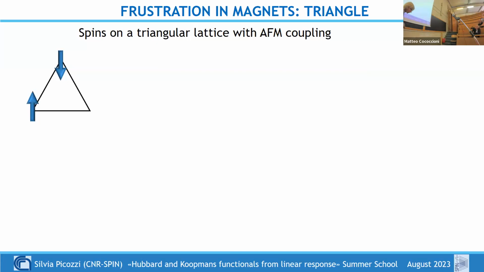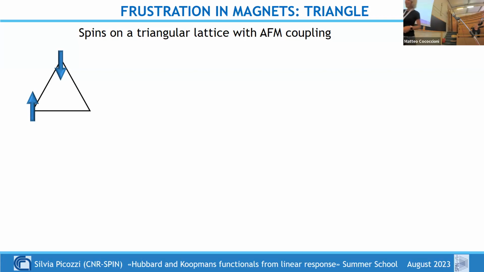A couple of concepts that I need to show you the results. The first thing is frustration. What is a frustrated person? A person that cannot satisfy all his or her needs. So a frustrated material is also a material in which the exchange interactions cannot be satisfied at the same time. A typical example of exchange frustration is an antiferromagnetic coupling on a triangle of spins.